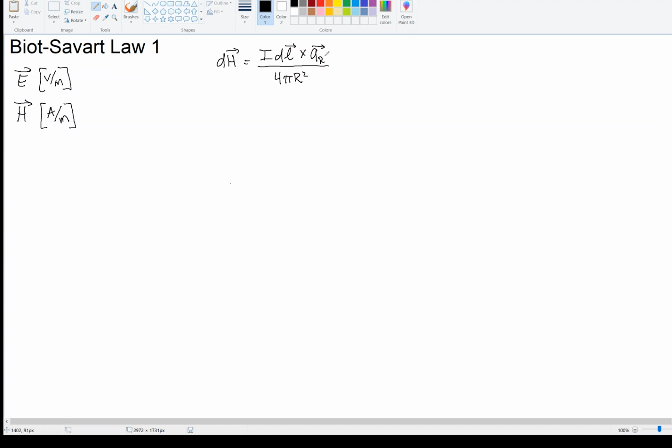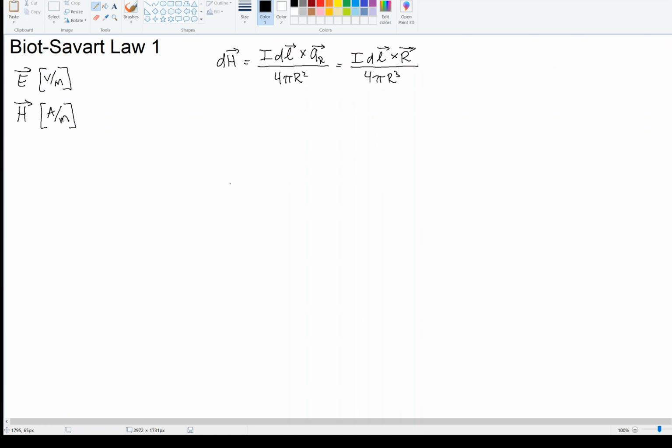And based on what we know about unit vectors in the r direction, we could alternatively write this as I dl cross r over 4 pi r cubed, where r without the arrow is the magnitude of r with the arrow. Okay, so that's quite a bit there, actually. So let's try to understand this.